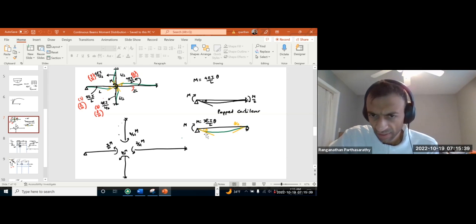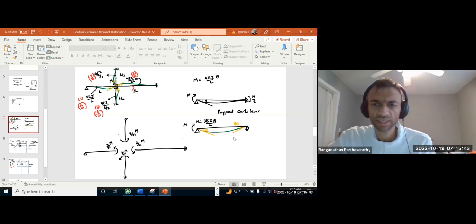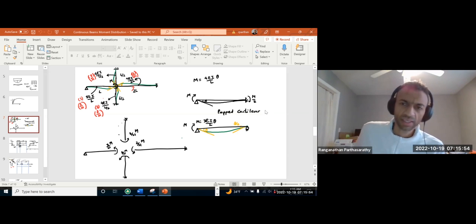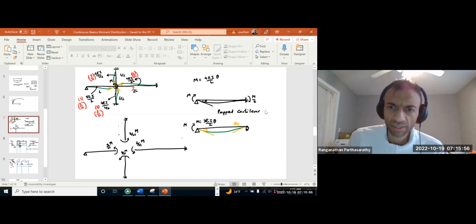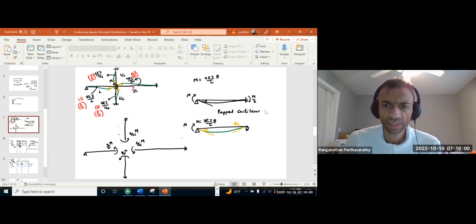And if theta is the rotation at this end, we will have theta over 2 at the other end. Now, these two results we can derive easily using any method of deflection and rotation, like the moment area method or slope deflection method.